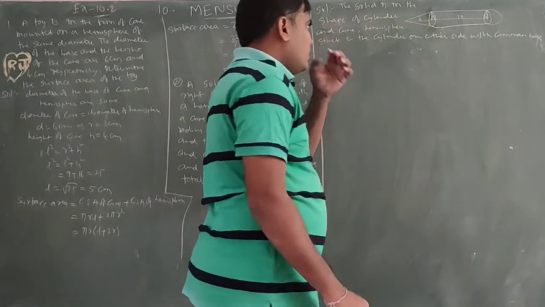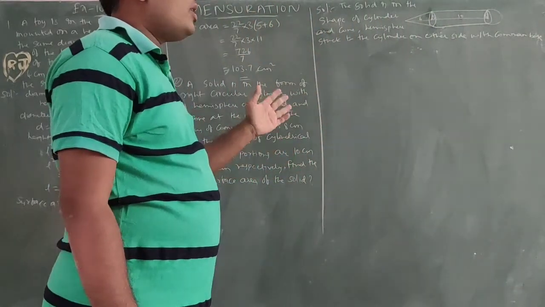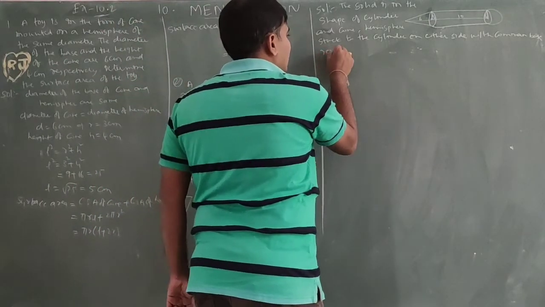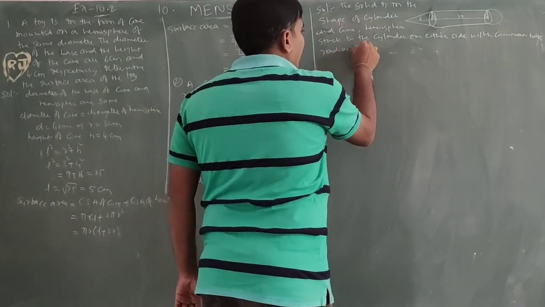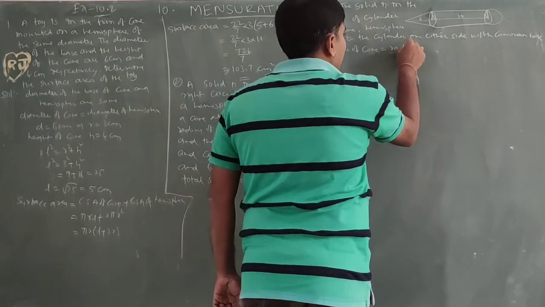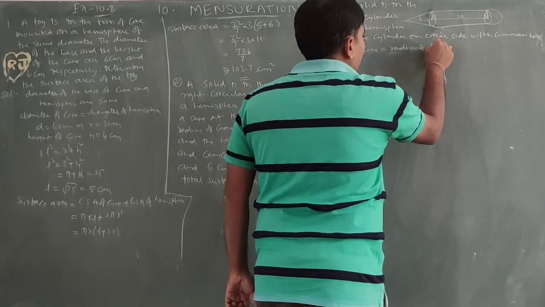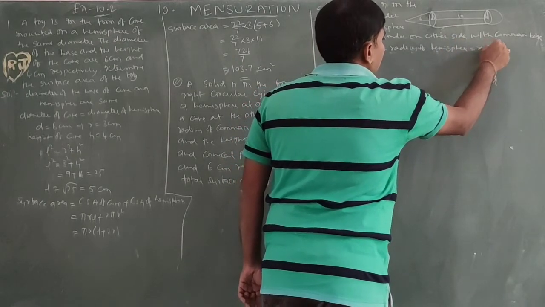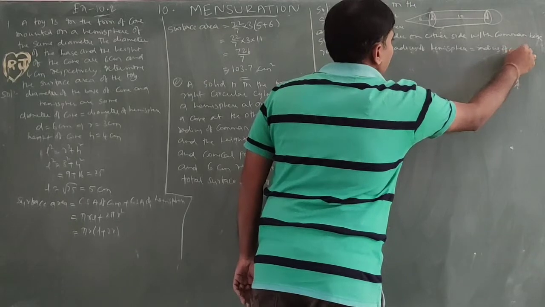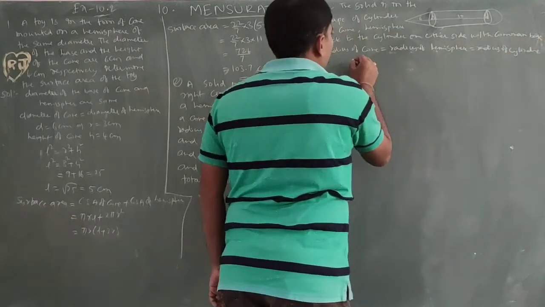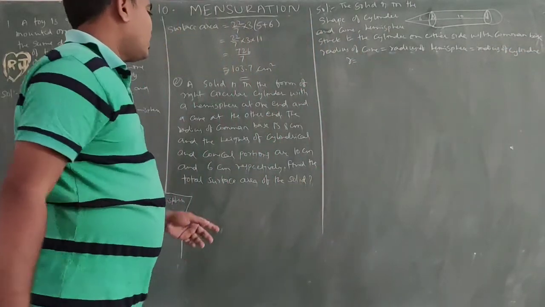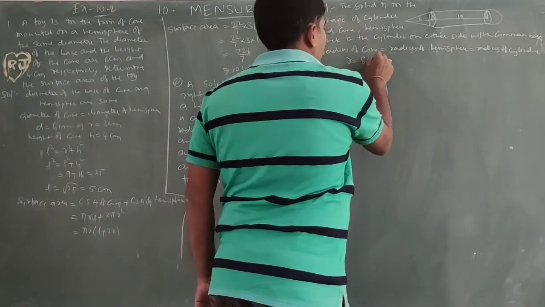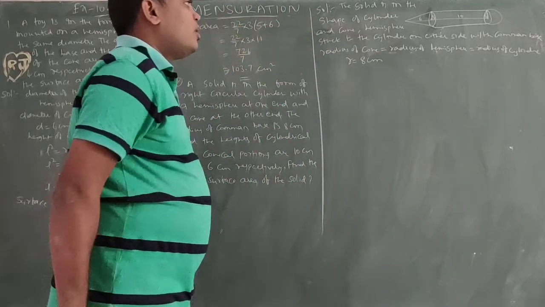Common base means the radius of the cylinder is equal to the radius of the cone, which is equal to the radius of the hemisphere. So overall R is the common 8 centimeters.